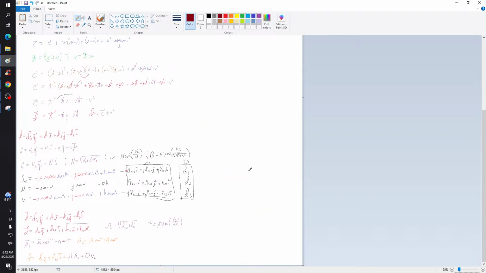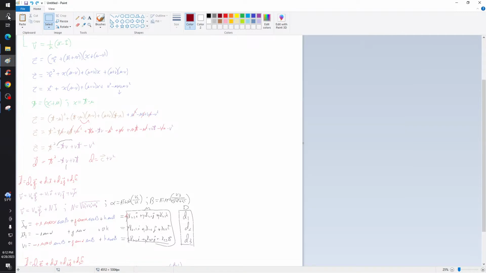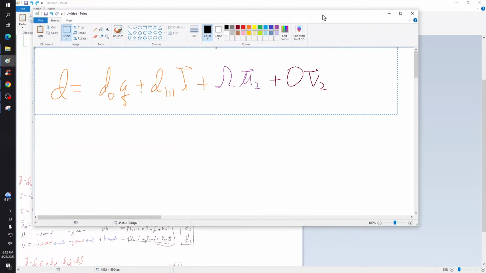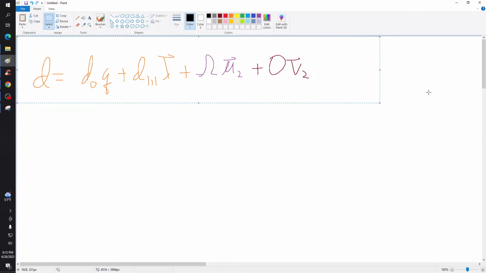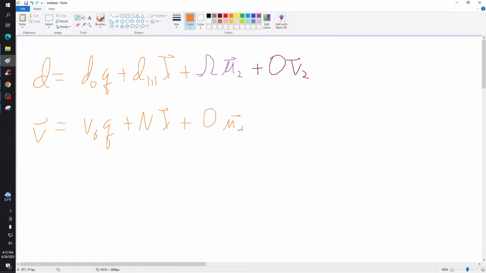And v, okay, v. We're going to go to the next slide here. V is equal to v null q plus n lambda plus 0 mu2 plus 0 mu2.